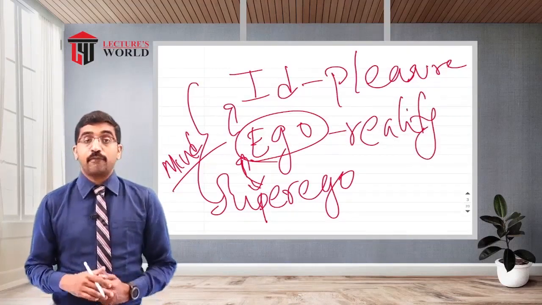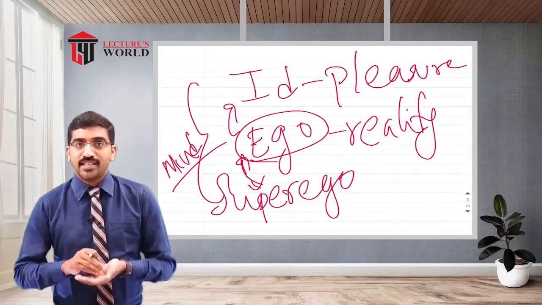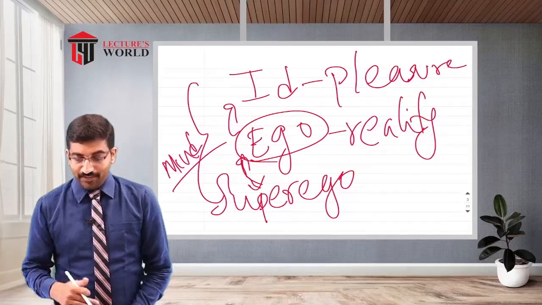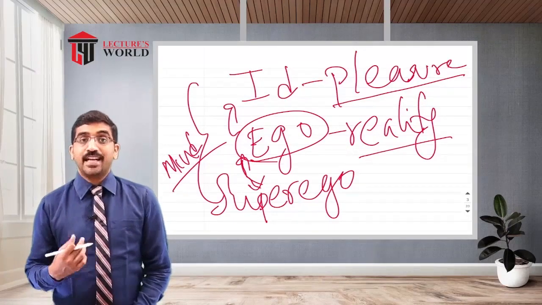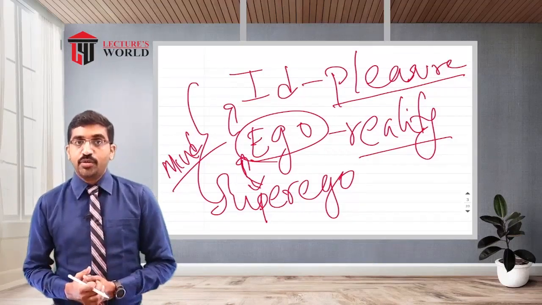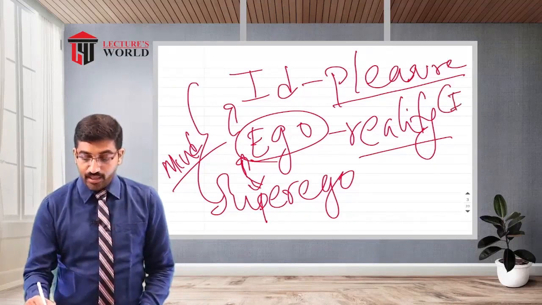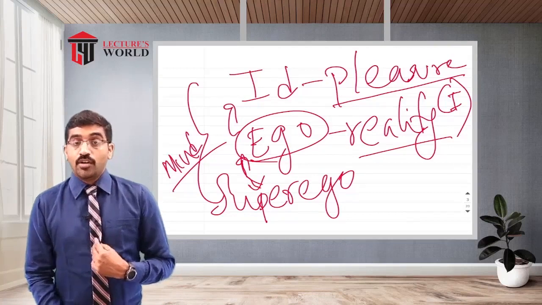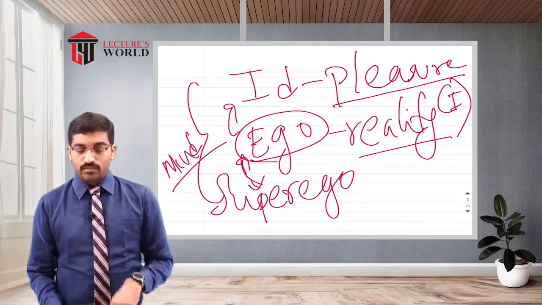So I am feeling hunger, but I am taking class, and eating in front of my students fulfills my pleasure, but what is my ego? My ego is reality. Every person will tell you that a person is having ego, but ego means I. That is a symbolic meaning, I feel. So I should feel that no, this is not a good thing. I will feel that better, I will not eat now.